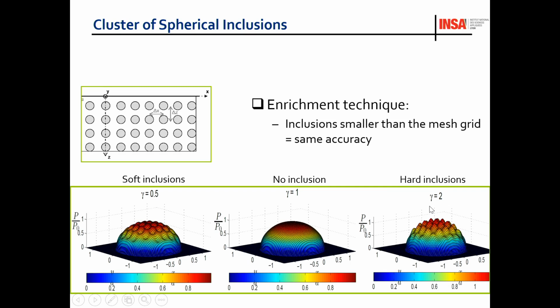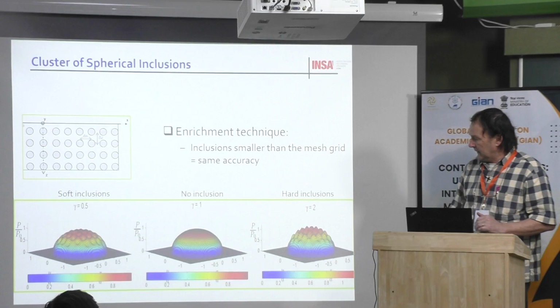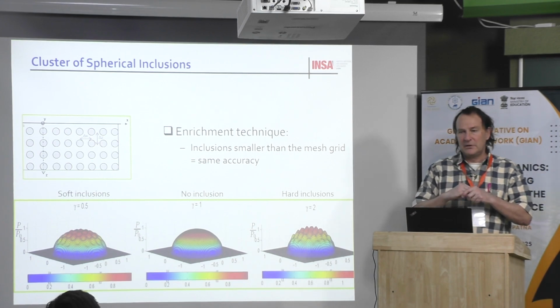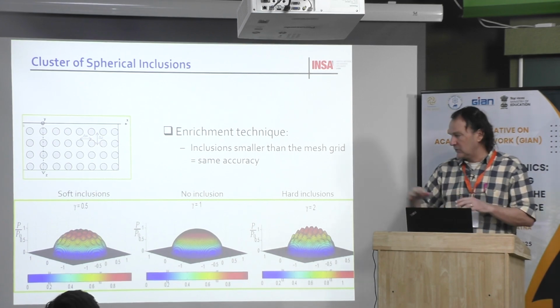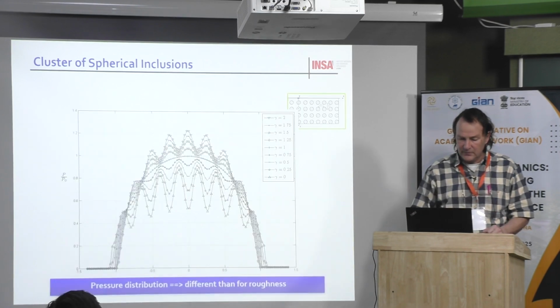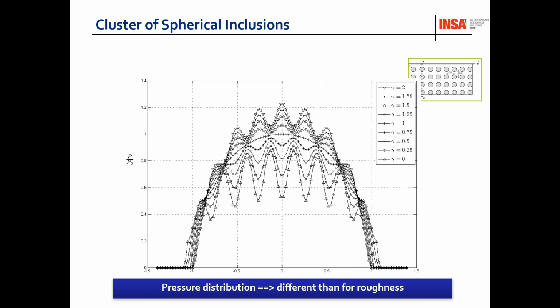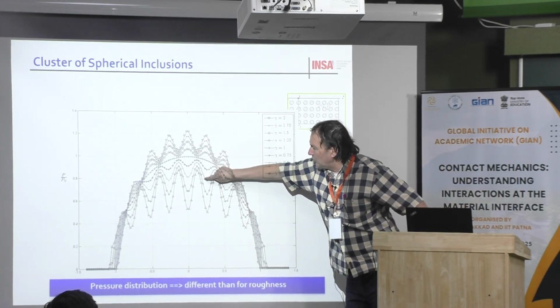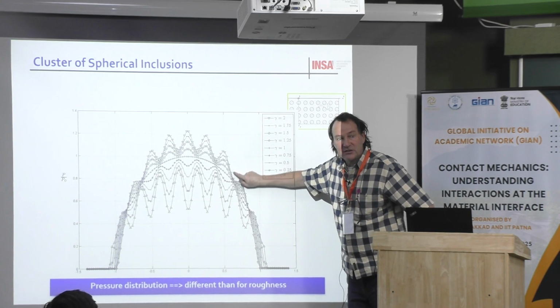Now, if you have a closer look at the solution, this is not really what you will have if you have a bisinusoidal surface, because you can do that with a rough surface. It's not exactly the same solution. These are some cuts of the pressure distribution. If you have a sinusoidal surface, in fact, the pressure will oscillate around the mean value, which is the Hertzian solution.